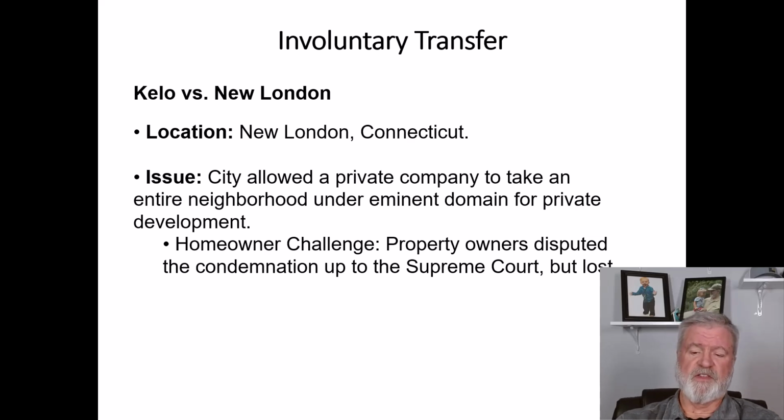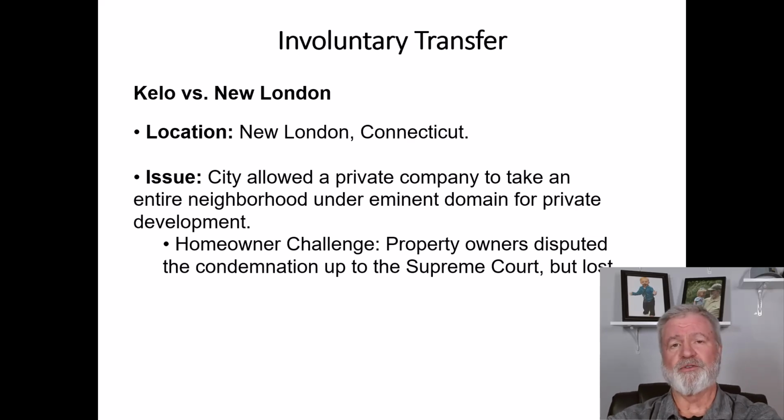Now, remember, the Fifth Amendment said the state can take the property under eminent domain if it's for public use, y'all, not private use. And this is saying, this New London, Connecticut, they took private property for a developer. A whole neighborhood, they took it, for crying out loud. The property owners did dispute this action, went to the Supreme Court, and the homeowners lost.